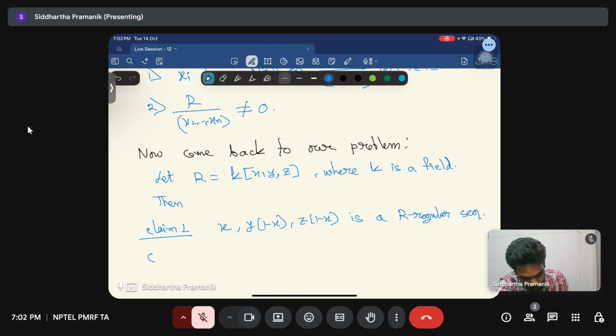And claim 2, if we permute this, like if we take z times 1 minus x first and y times 1 minus x second and then x, then this is not an R regular sequence.